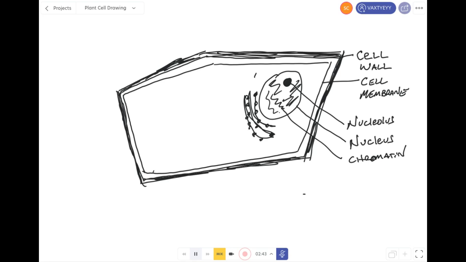We're also going to have our smooth endoplasmic reticulum, which is going to be involved in lipid production. So we have our rough endoplasmic reticulum, RER, and up here we have our smooth.